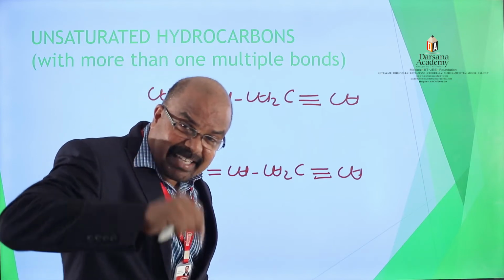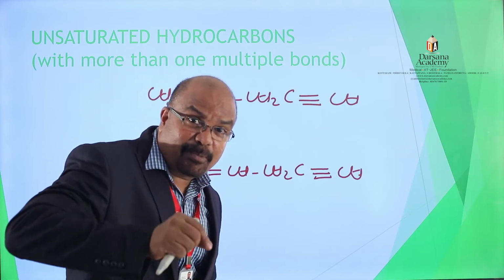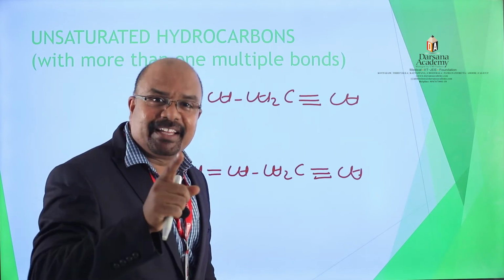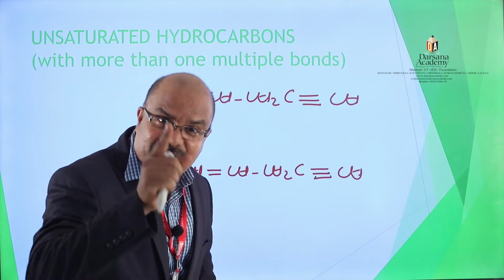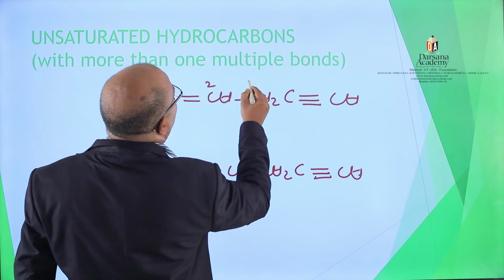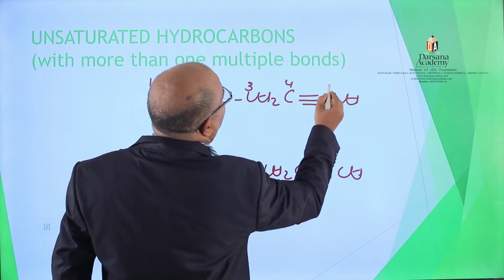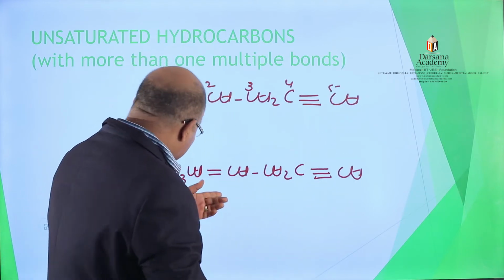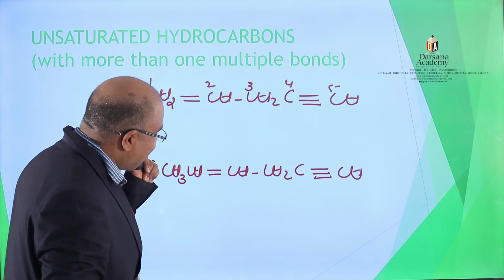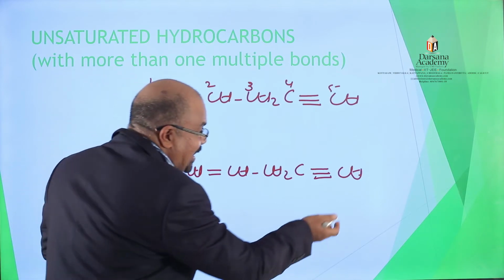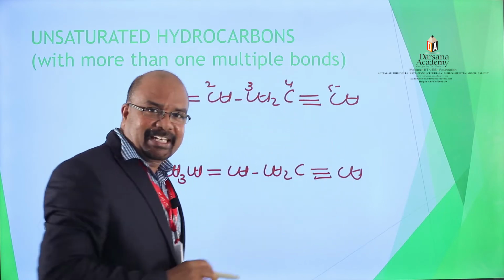IUPAC says if the double and triple bonds are at equivalent or the same position, numbering starts from the double bond. So the numbering here is 1, 2, 3, 4, 5. We are giving preference to the double bond. In the second example, the double bond is not at the terminal position, whereas the triple bond is at the terminal position.